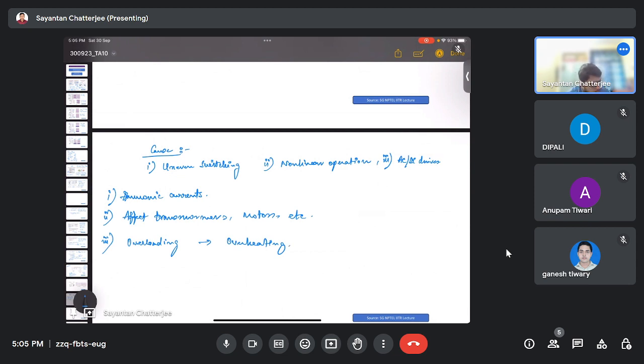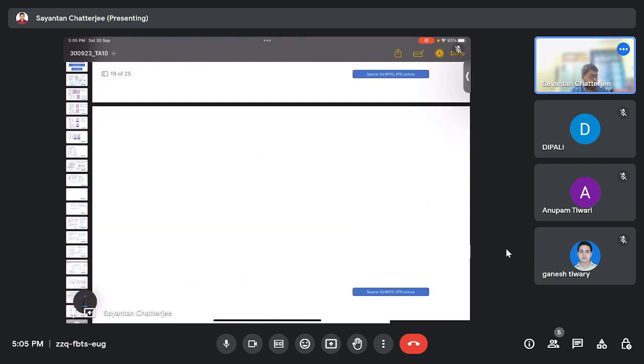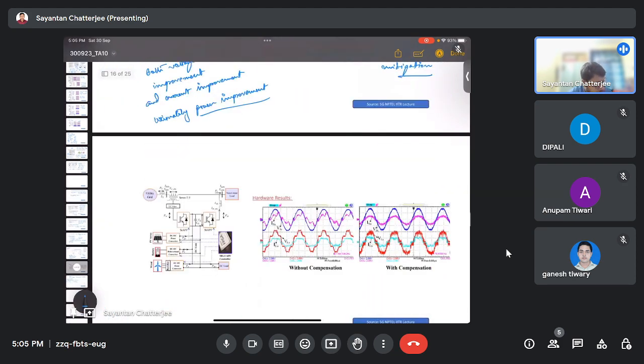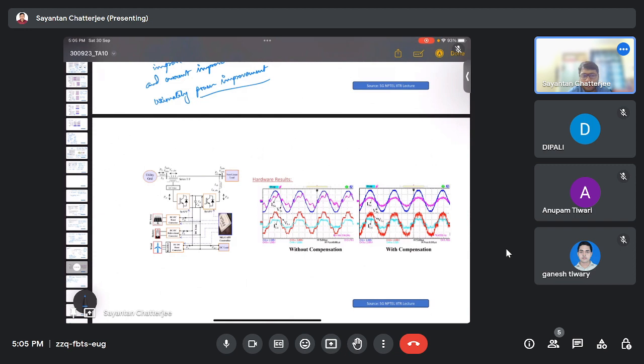That's the overall operation of what the cause of harmonics in the system is and why it needs to be mitigated.